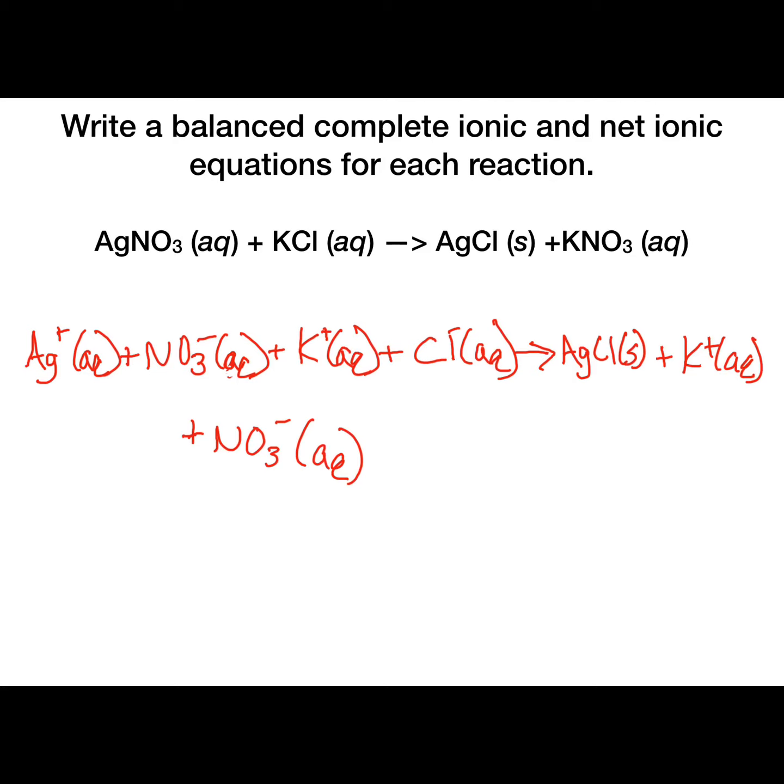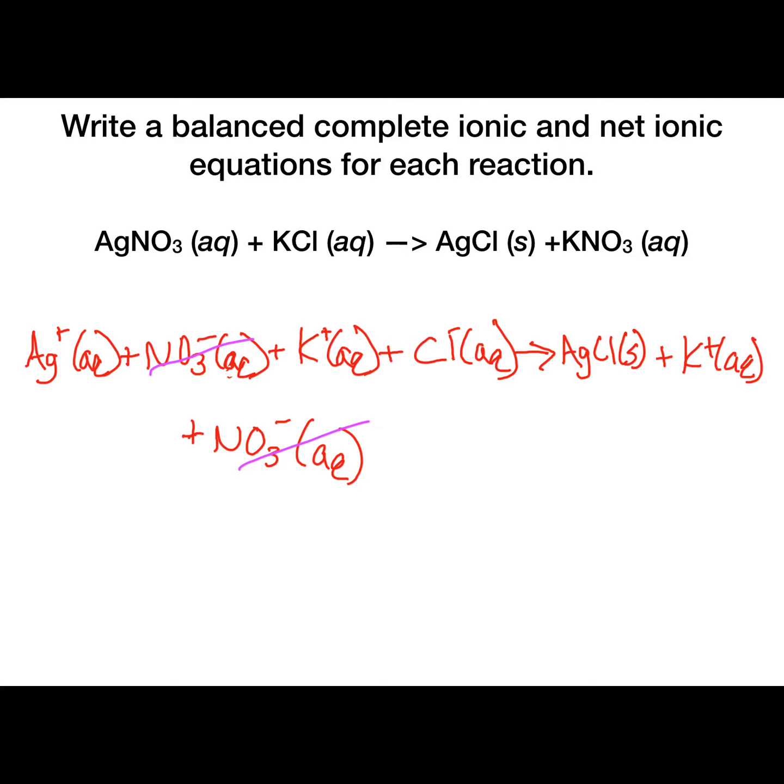equation. So now for our net ionic equation, we must eliminate the spectator ions, and those are the ions that appear on the left and on the right. So we have Ag+, that is not on the right, so that stays. NO3- is on the left and the right, so those are going to be taken out.